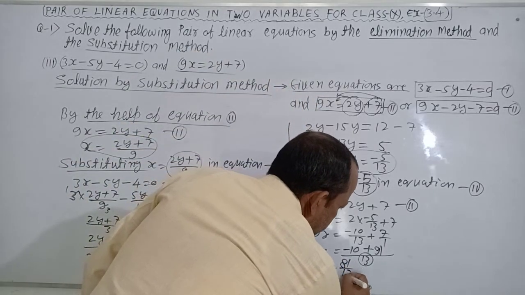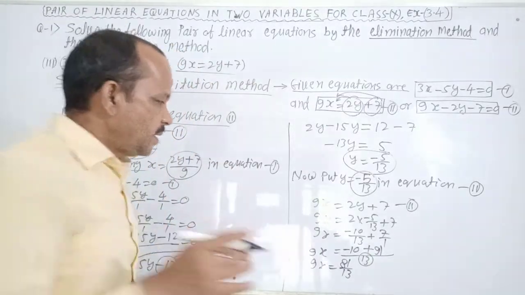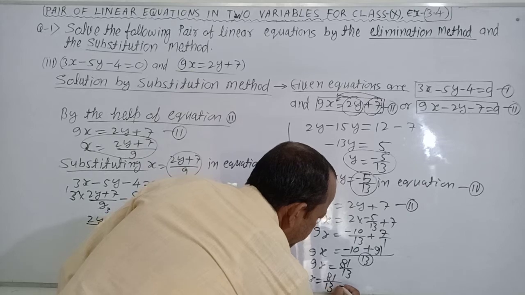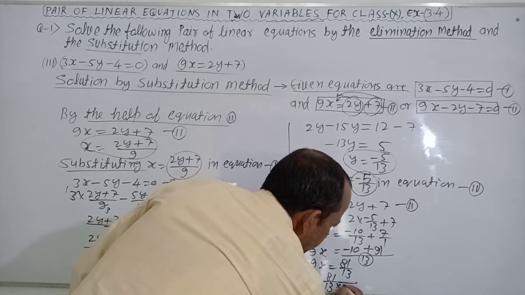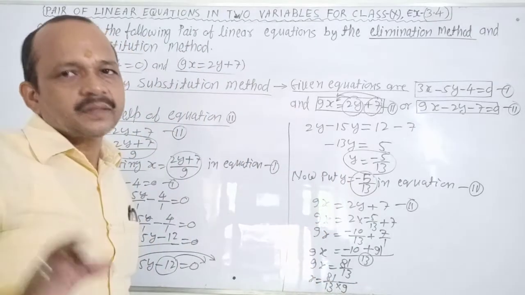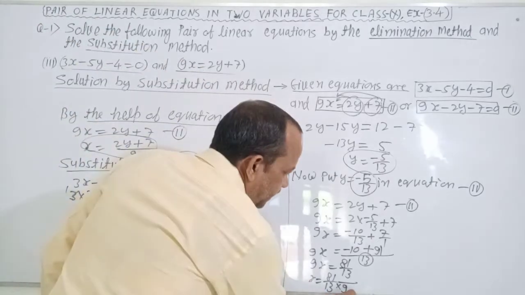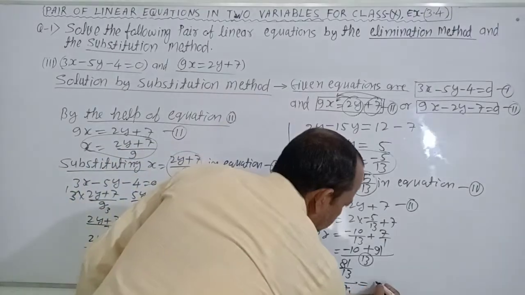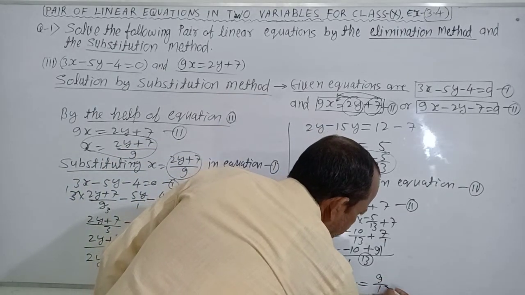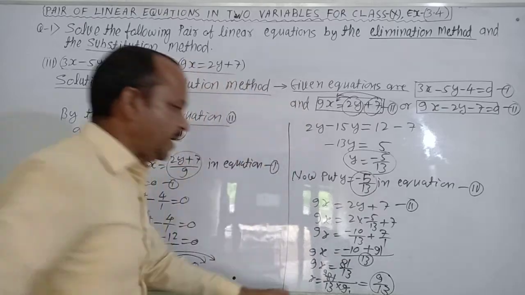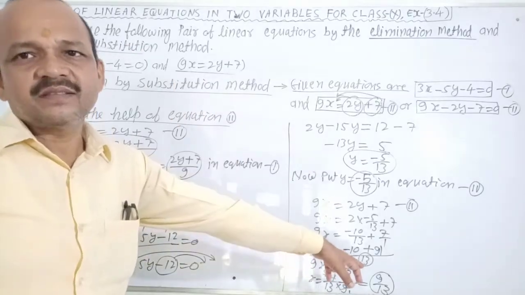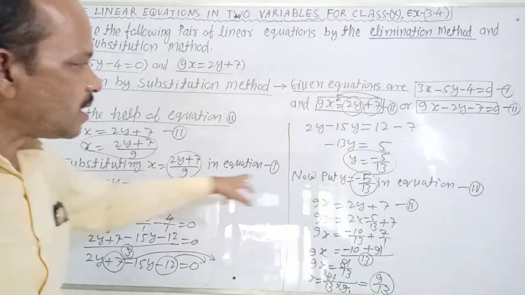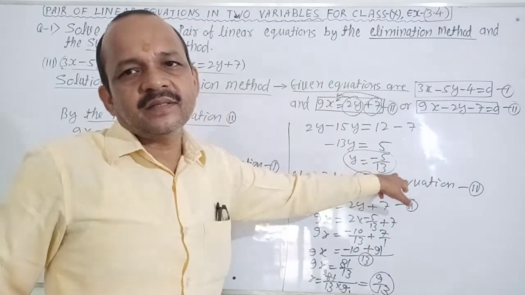Now you subtract. 9x equal to 81 by 13. x equal to 81 by 13 multiplied by 9. You can cut it: 9 ones are 9, 9 nines are 81. x equal to 9 by 13. You find x equal to 9 by 13 and y equal to minus 5 by 13.